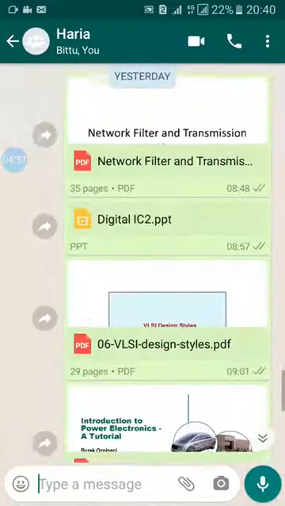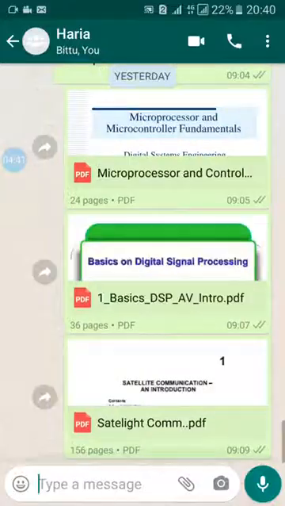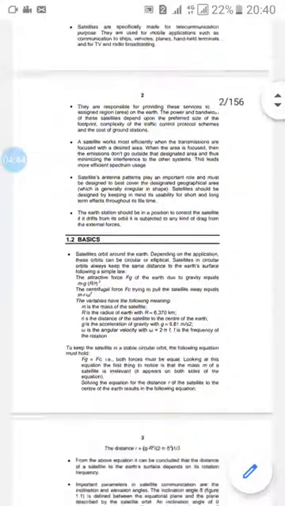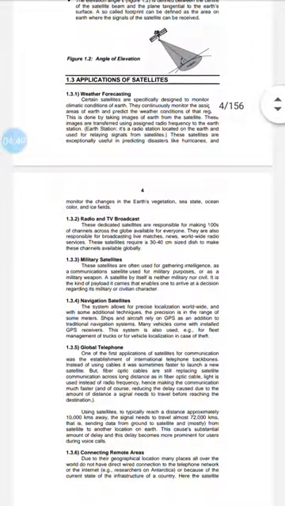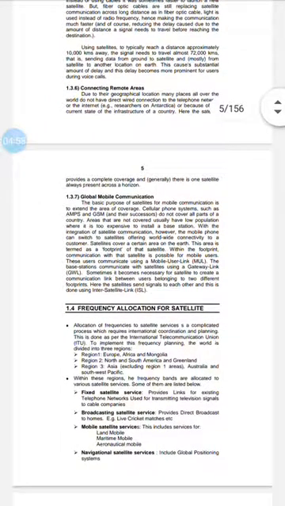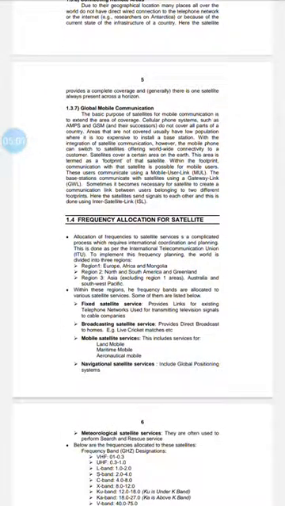Whenever you start the basic details, you have to know about all the applications. In military applications, satellites are often used for gathering intelligence, and communication satellites are used for military purposes. For frequency allocation for satellites, we require fixed satellite service, broadcasting service, mobile satellite service, and navigation satellite service.